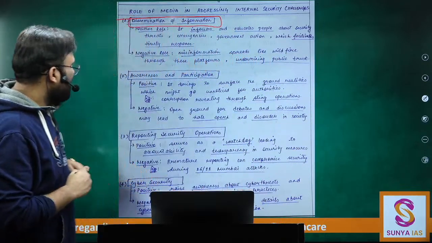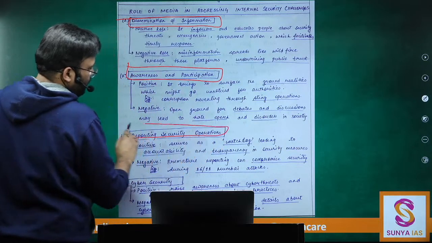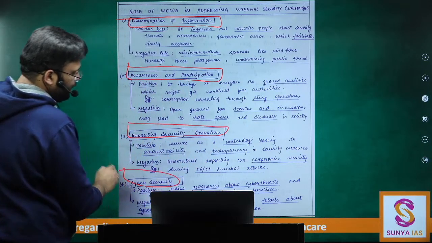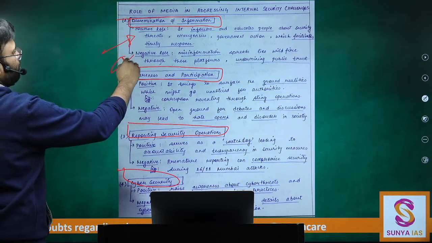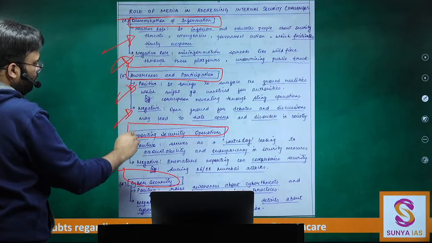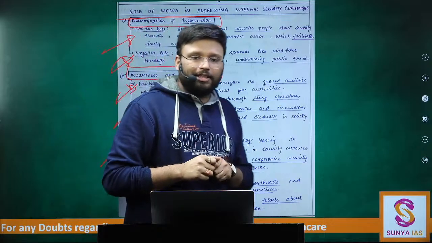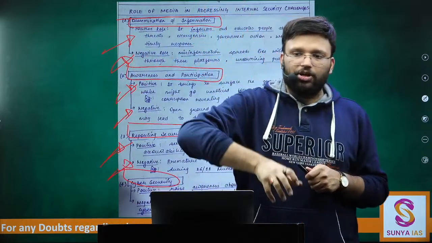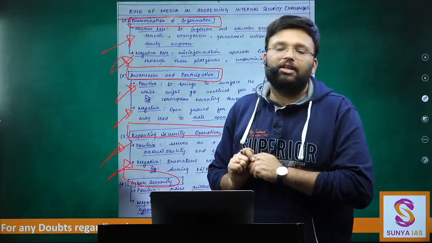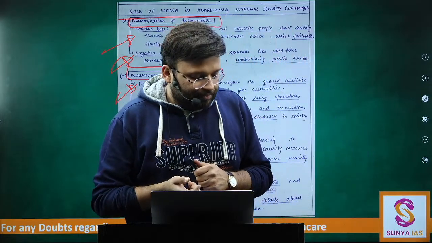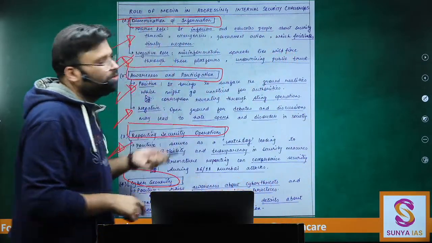They have given the points: awareness and participation, reporting security operations, cyber security, and then they have given positive role, negative role, positive role, negative role, positive role, negative role. So rather than telling opportunities and challenges separately, they have addressed the opportunities and challenges in all the respective issues, है ना?